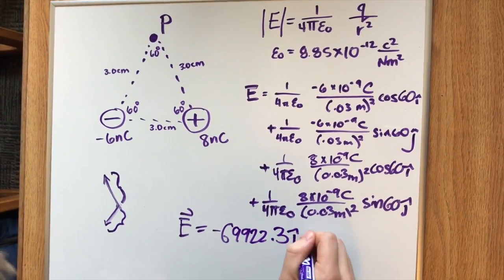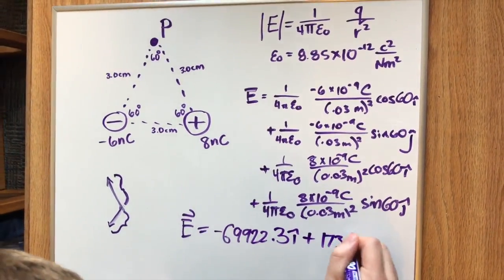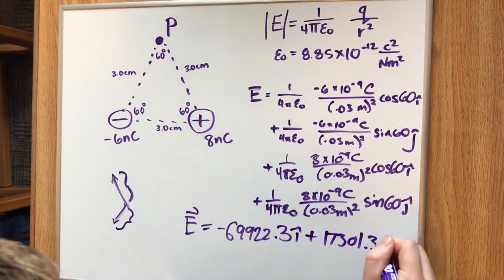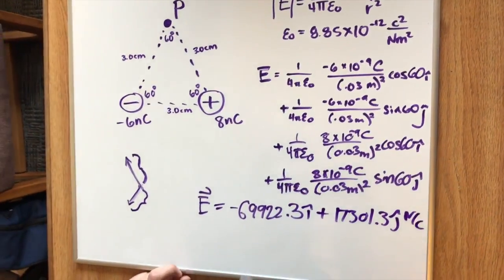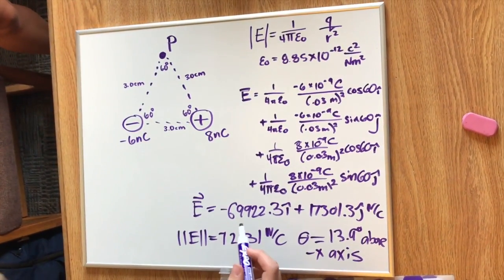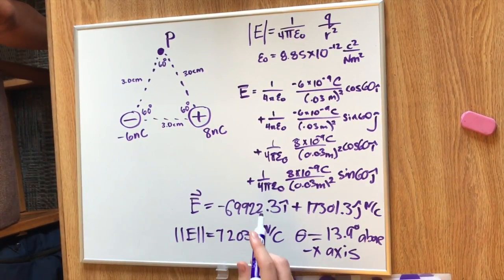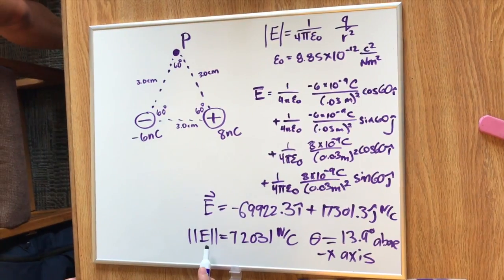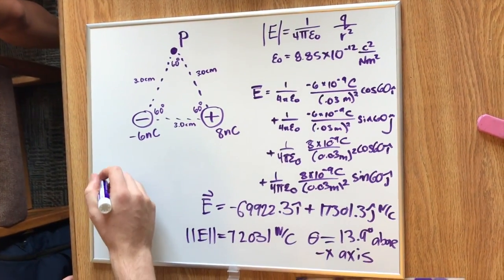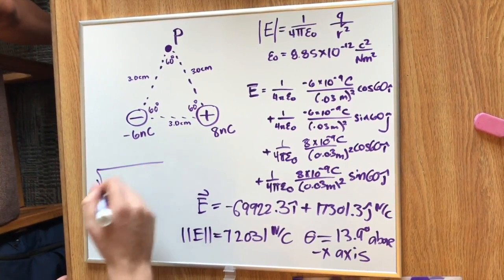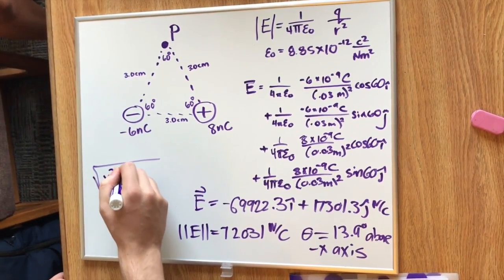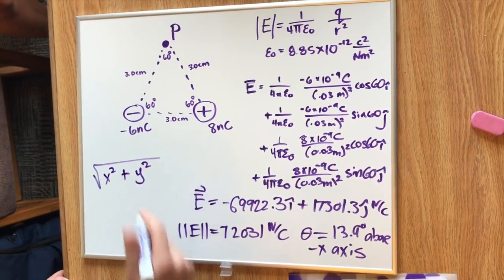we get our resultant electric field vector to be about -69922.3 i hat plus 17301.3 j hat newtons per coulomb. Okay, and so once we have our final electric field vector, we find the magnitude of the electric field by doing the square root of the x component squared plus the y component squared.